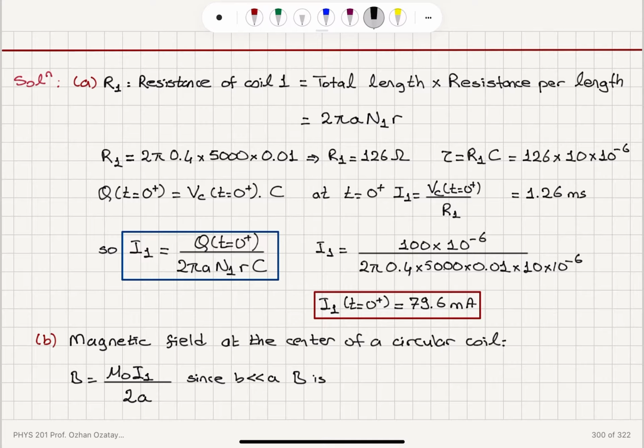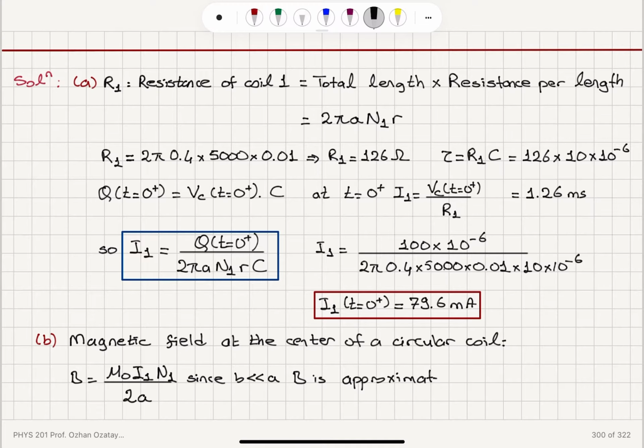And since we have N1 of these circular coils, we have to multiply it by N1. So we get this magnetic field contribution from N1 coils adding up. So we will get mu 0 I1 N1 over 2A. Now, since b is much less than A, the problem states the magnetic field is approximately uniform.